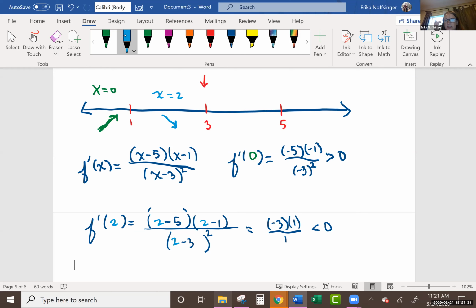Okay, so it's an asymptote at 3, but I want to see what's happening on the right-hand side of that vertical asymptote. So choose a number to the right of 3, but to the left of 5, so in between.